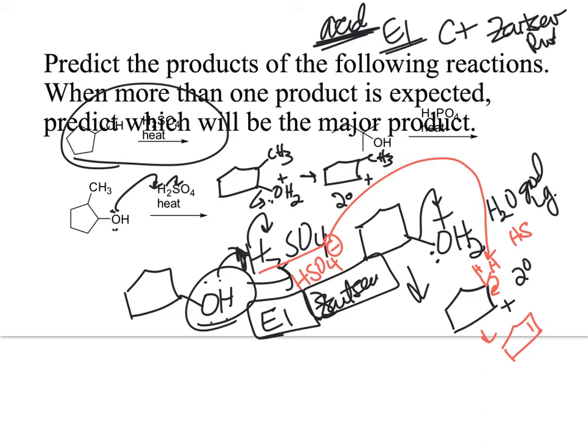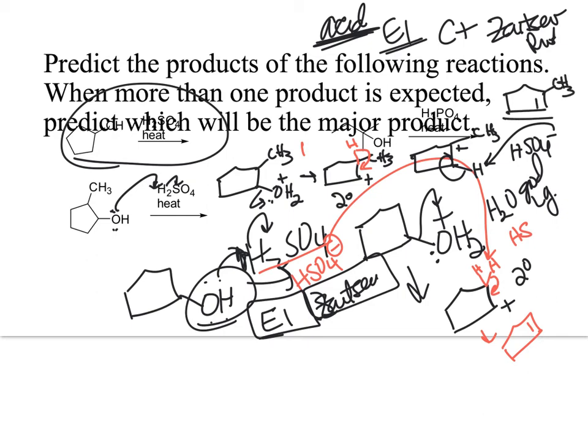So what will happen is you could get a hydride shift here. It's going to give you the same product though. So the HSO4 minus will come and take that hydrogen away, and you're going to get your more substituted alkene, which is this one here.